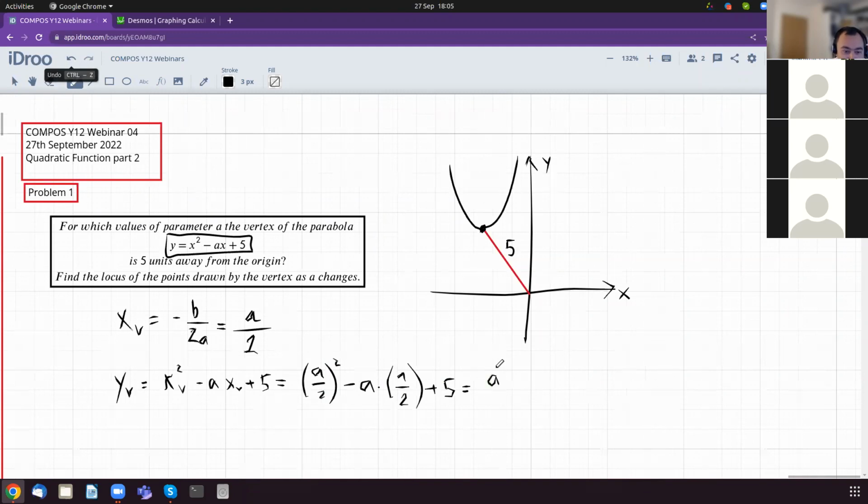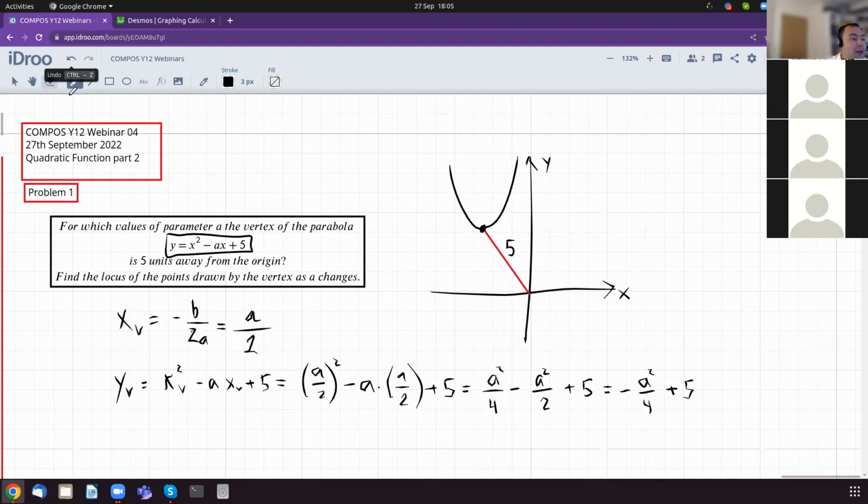So it's going to be a squared over 4 minus a times a over 2, so that's a squared over 2, plus 5. A squared over 4 minus a squared over 2 is minus a squared over 4. So minus a squared over 4 plus 5.